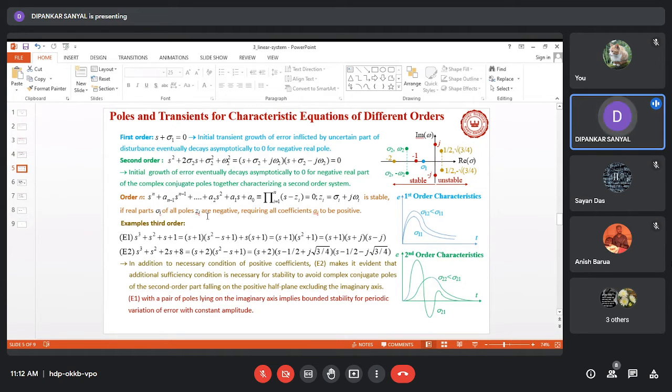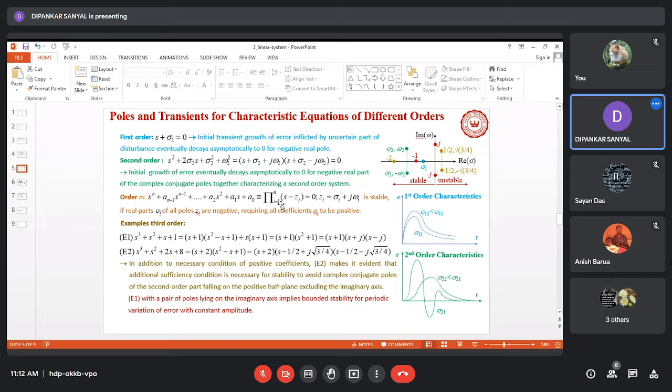But for stability, all the real values must be negative.